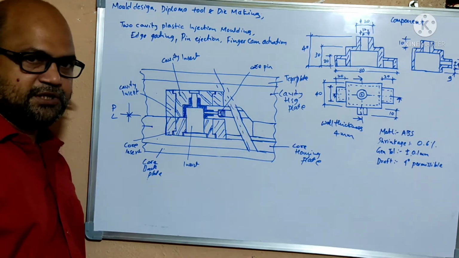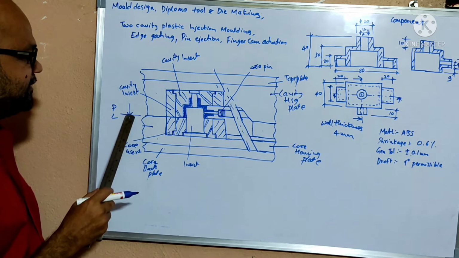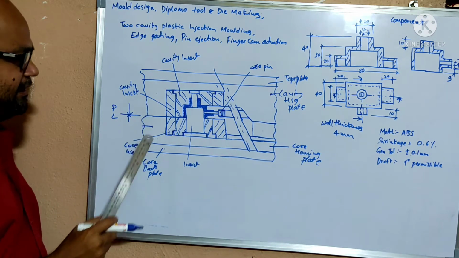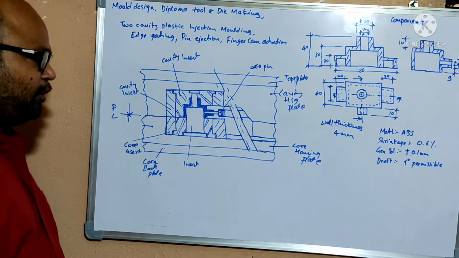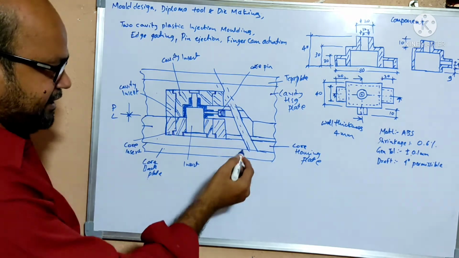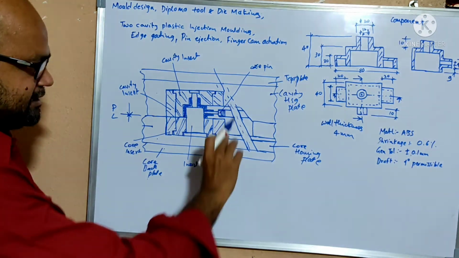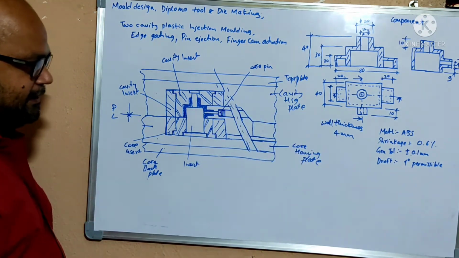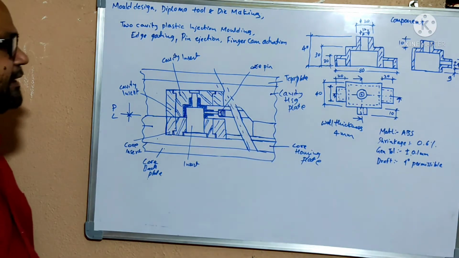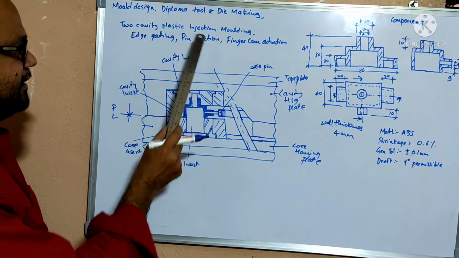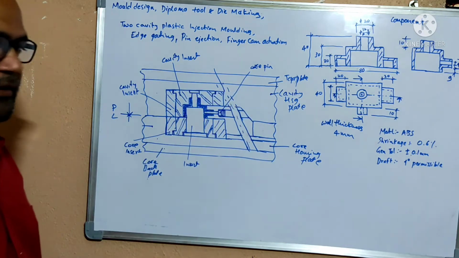After completion of the curing time, here you are observing the parting line. When the parting line is open, or the mold opens with the actuation of the finger cam, the side core moves backward, and through the pin ejection, the component is ejected from the cavity.